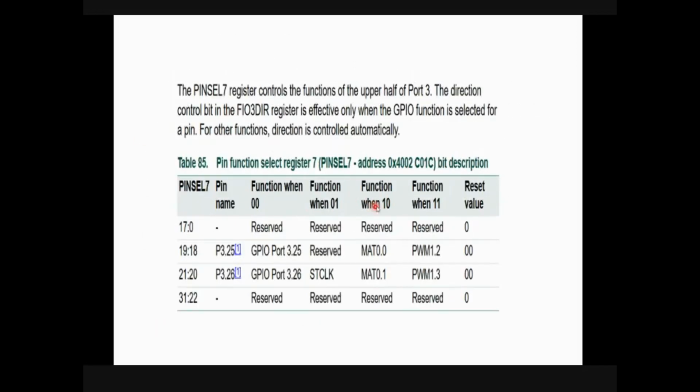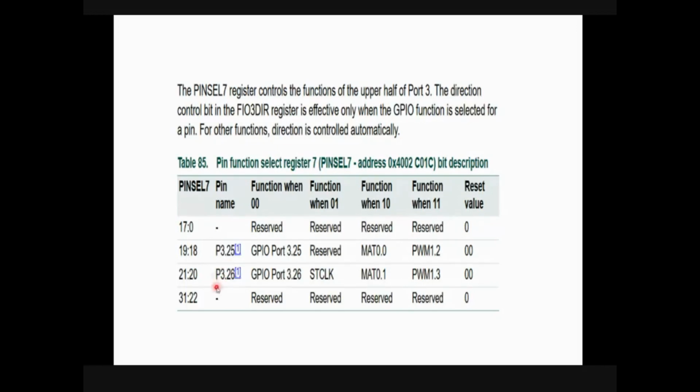As I told already, we are using one of the port pins, that is port 3, 26th pin, because at this pin only one of the PWM outputs is available, that is PWM 1.3. In our hardwired LPC1768, we are getting the PWM output at port number 3, 26th pin.